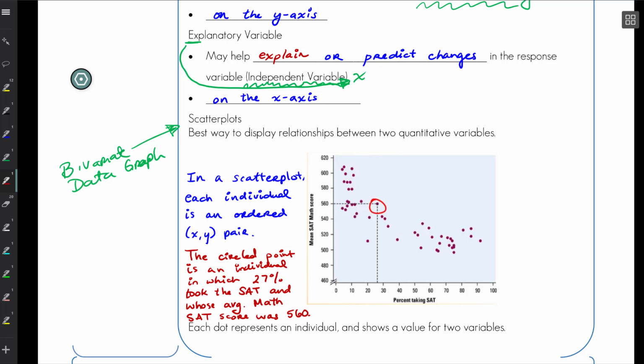And I know the percentage of students at those schools that are taking the SAT by looking at the x-axis. On the y-axis, I have the mean SAT math score. So what this tells me is that the percentage of students taking the SAT is trying to explain what the average SAT math score is for each of these schools.